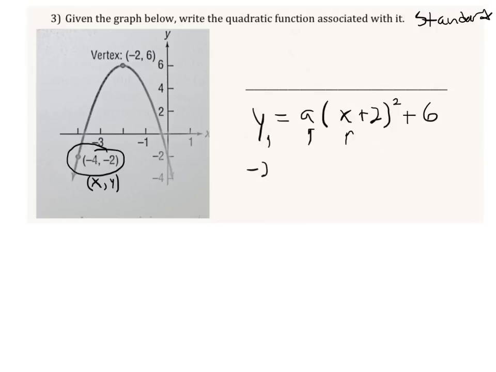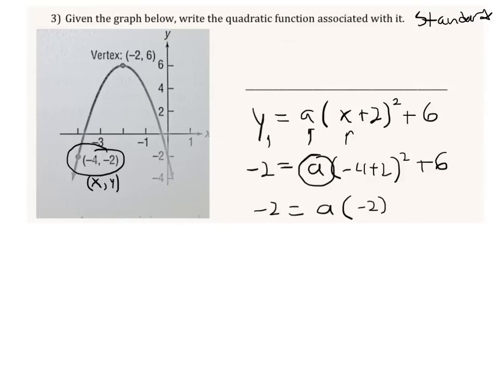So I can plug in negative 2 equals a times (negative 4 plus 2) squared plus 6. Now my only unknown is my a. So negative 2 equals a times negative 2 squared plus 6. Subtract 6 over, I get negative 8 equals 4a.